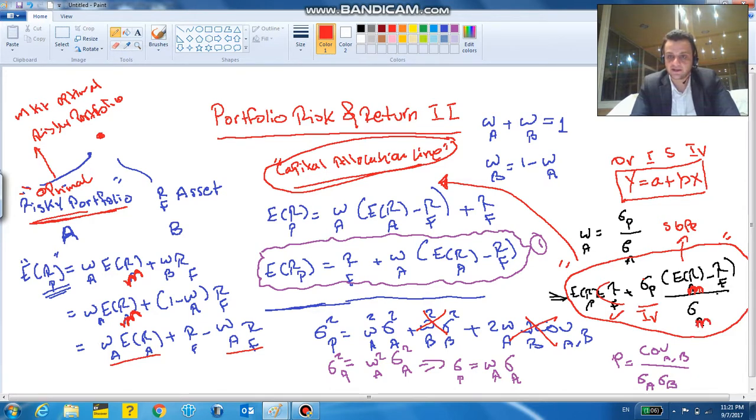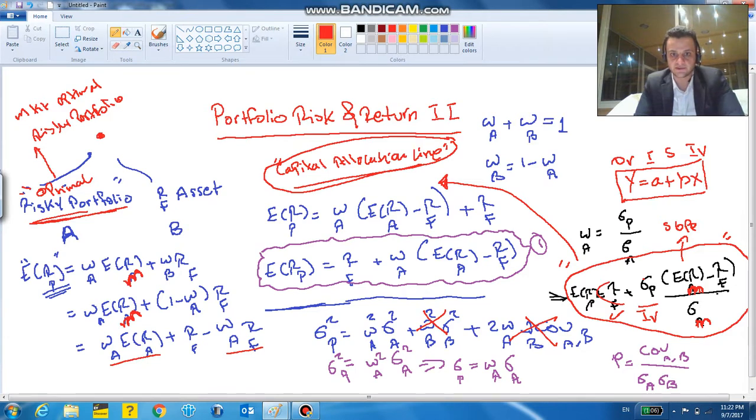And here what basically changes is that instead of the expected return for this specific individual's optimal risky portfolio, what he or she thinks is optimal in terms of risky assets in the market, now it is unified for all investors. So here you've got the market Sharpe ratio. We call it the market price of risk. But more on this later.